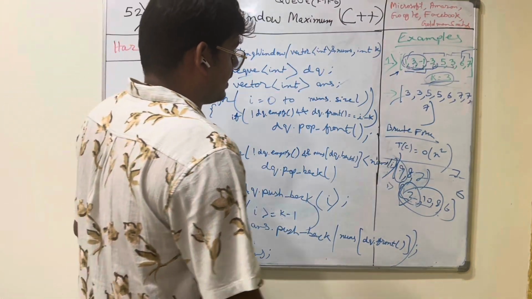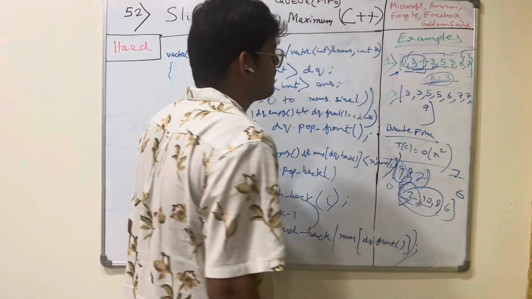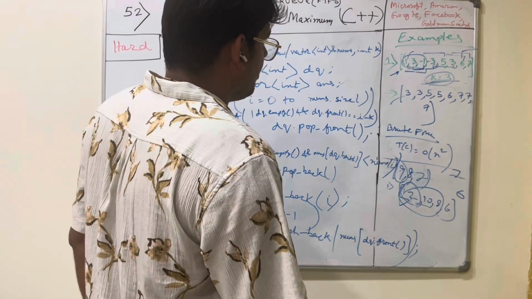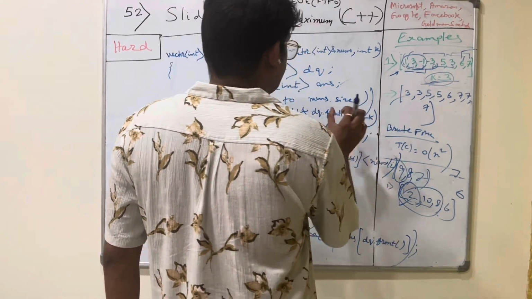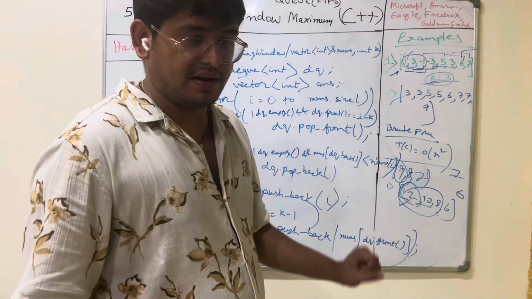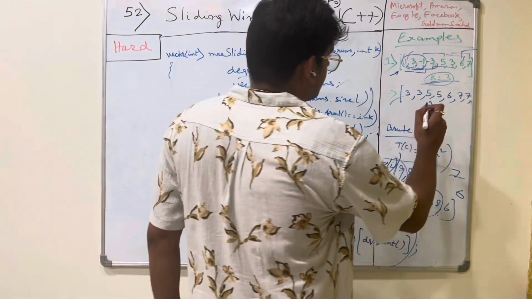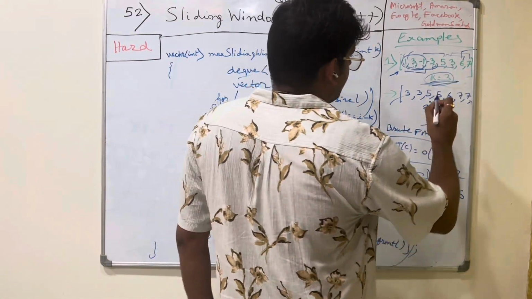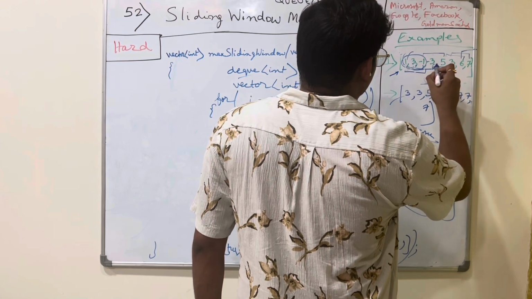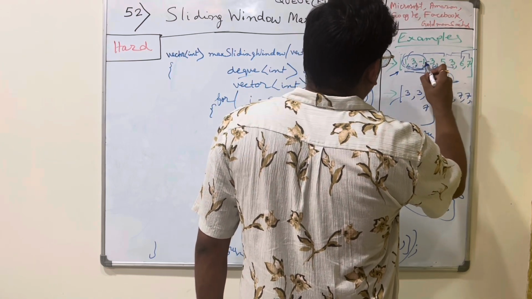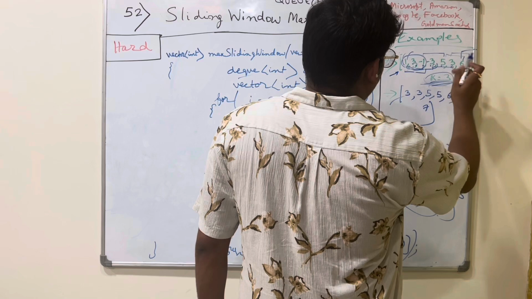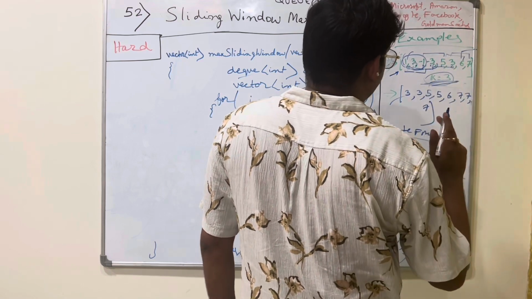Now how has this solved the issue? For example, when DQ dot front equals i minus k, when k is 3 and i is 0, 1, 2, 3, 4, 5. Every time it is like this.